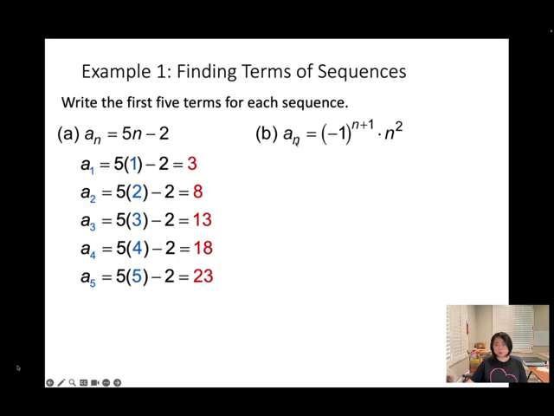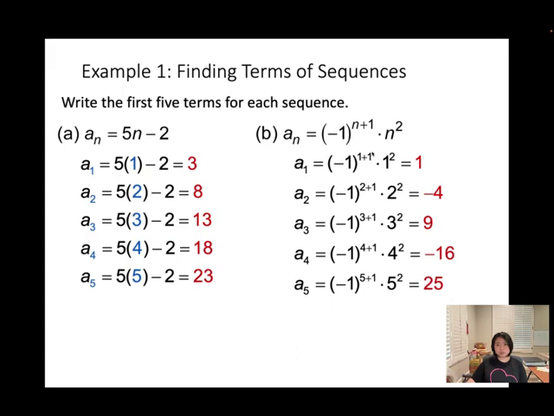And then a2, so plug in n equals 2. So this is going to be the odd number, then that will be negative 1. So negative 4, okay, 2 squared is 4. Plug it in. Check your work. So 1 positive, 1 negative, 1 positive, and 1 negative.